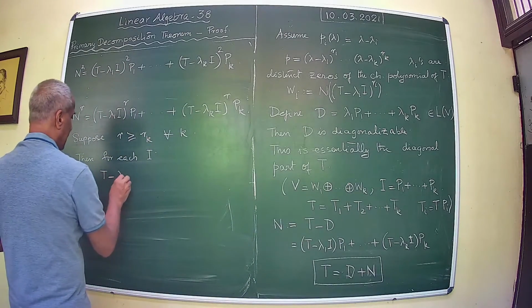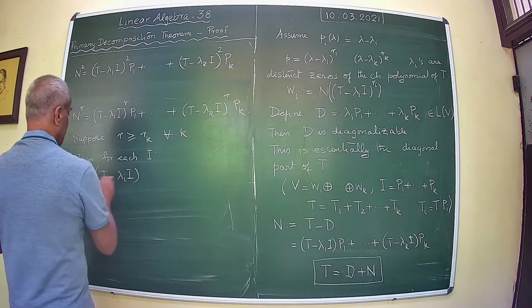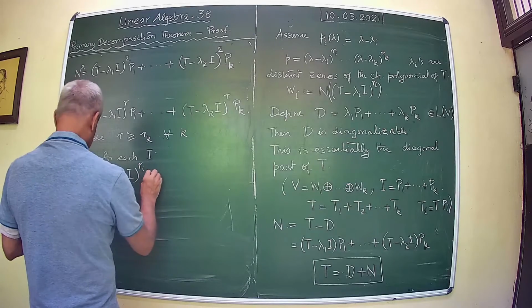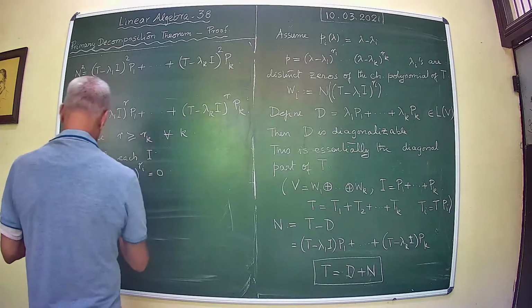Minus lambda I to the power r. This is equal to 0, this is 0.